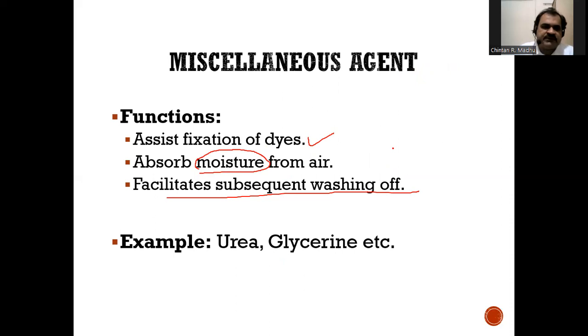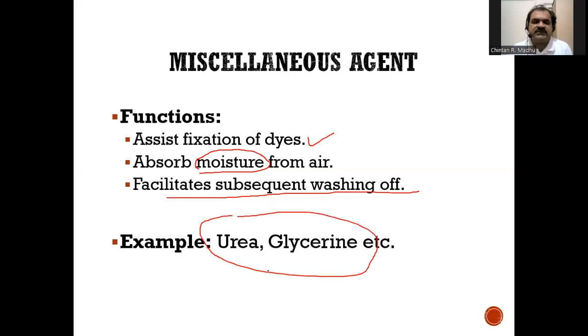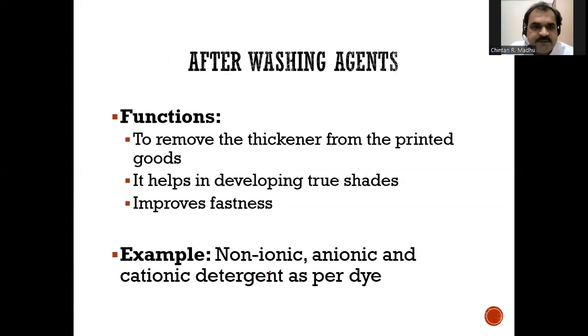That means when we are washing your fabric, the color will be stabilized on the printed area only and will not wash out. And of course, when we are talking about fixation, moisture and washing off, we are concentrating on hygroscopic agents or solvents. Those are urea and glycerin.